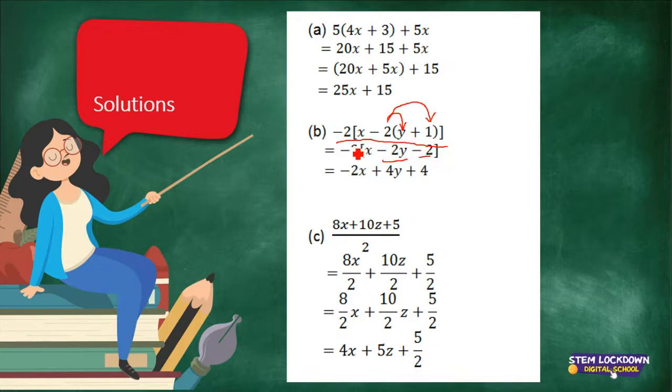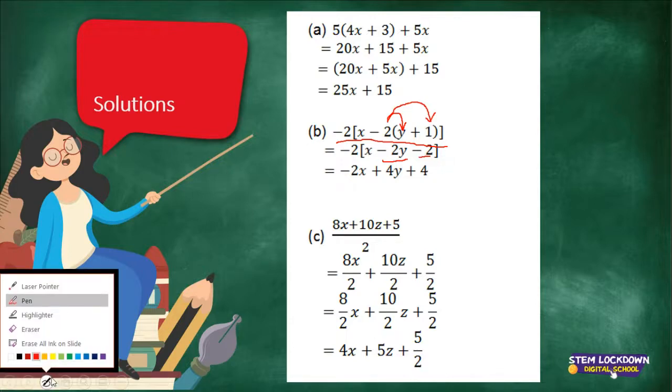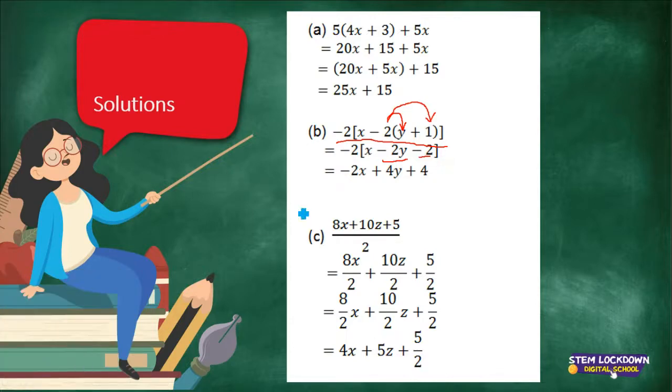So I'm done simplifying the inner bracket. Now I need to multiply out 2 into the one bracket that is left. Let me use blue. I'm multiplying out -2 into the bracket. -2 times x is -2x.